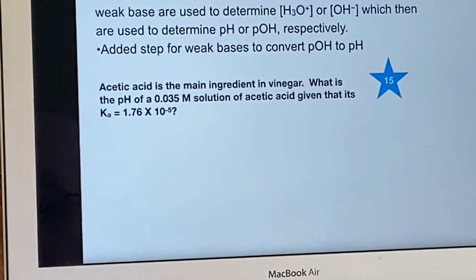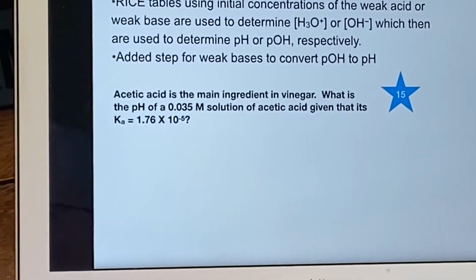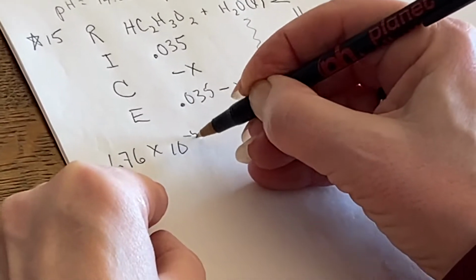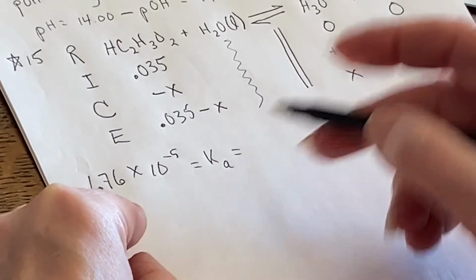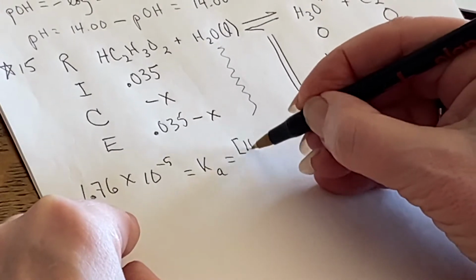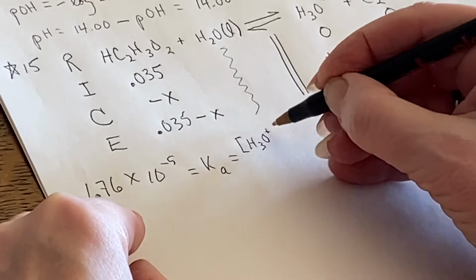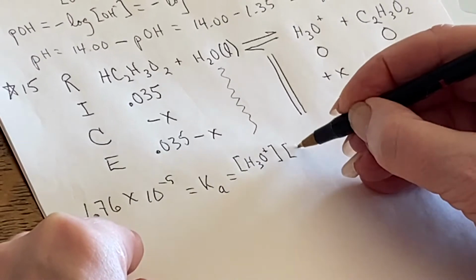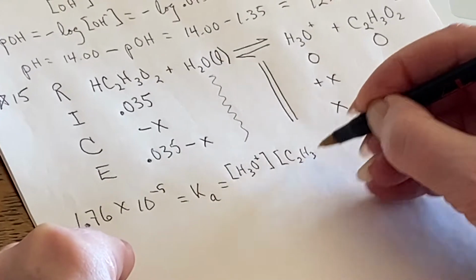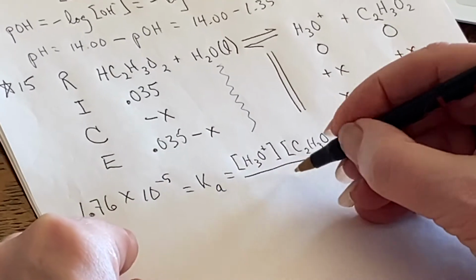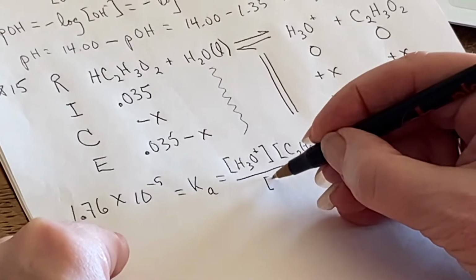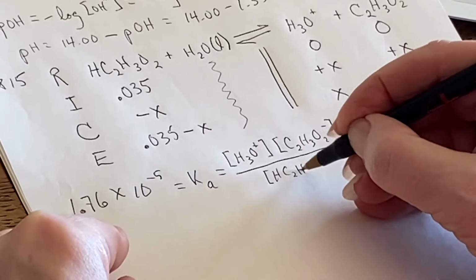They're telling me what the Ka is. They say the value of Ka is 1.76 times 10 to the negative fifth. I know that Ka is created by using the concentrations of hydronium ion and acetate ion over the concentration of acetic acid.